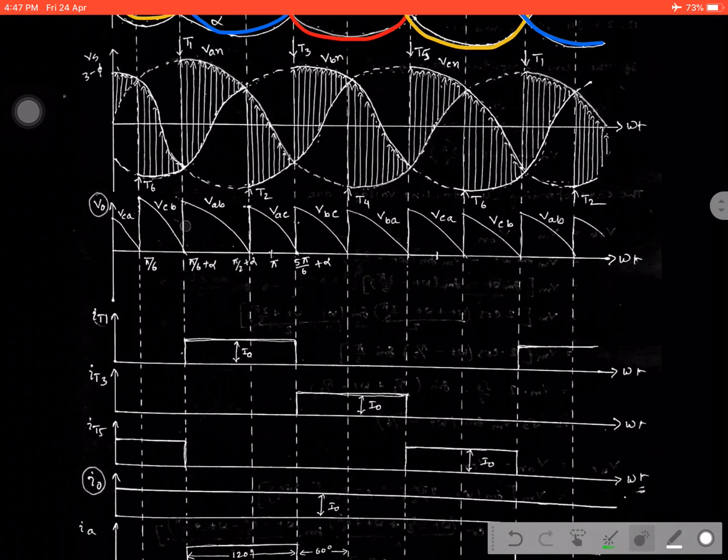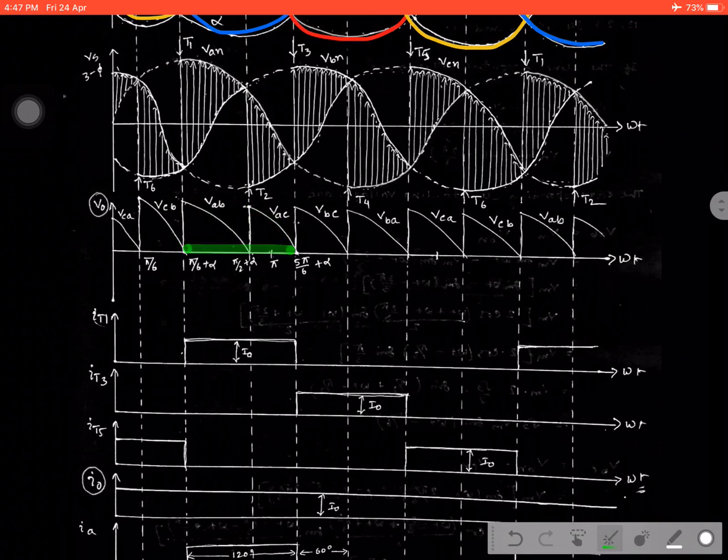That means the output voltage VAN and VAC. Then the current starts flowing from phase A to phase B or to phase C, so we can easily identify the current starts flowing from phase A in this duration.